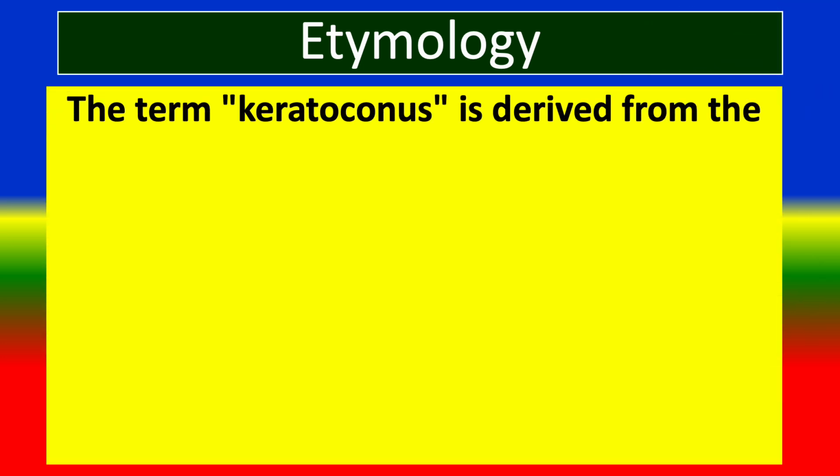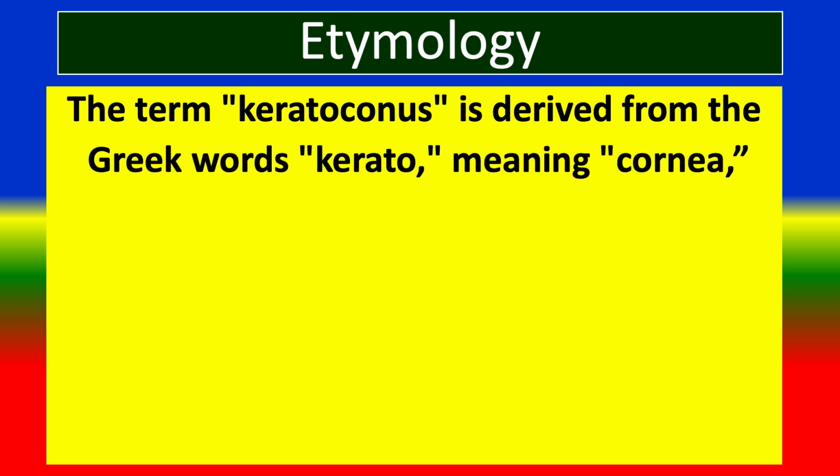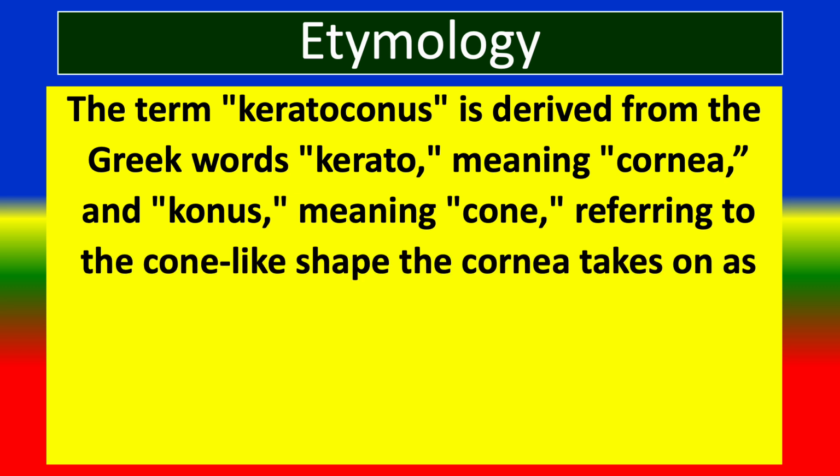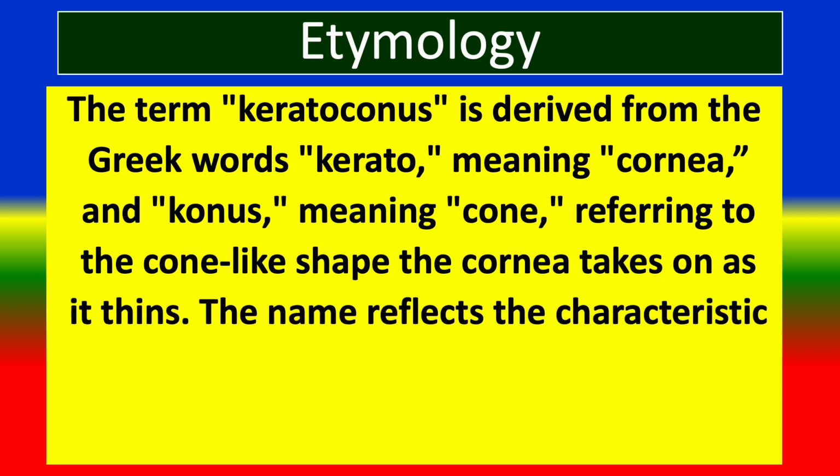Etymology. The term keratoconus is derived from the Greek word kerato, meaning cornea, and konos, meaning cone, referring to the cone-like shape the cornea takes on as it thins.